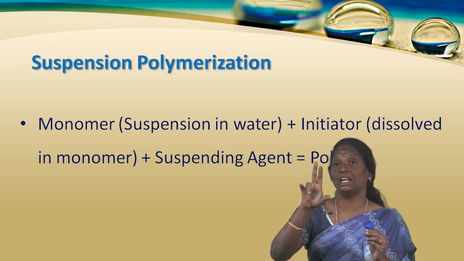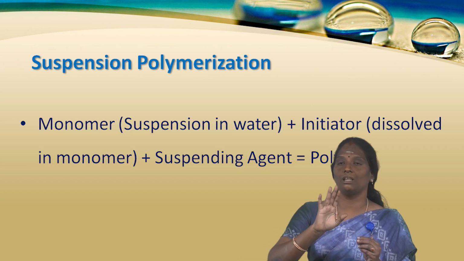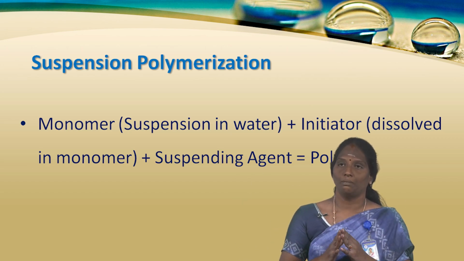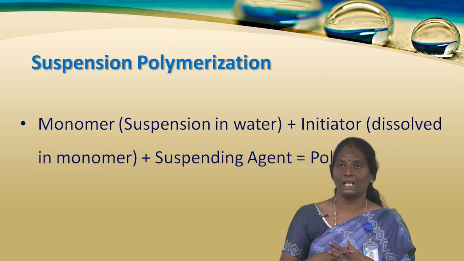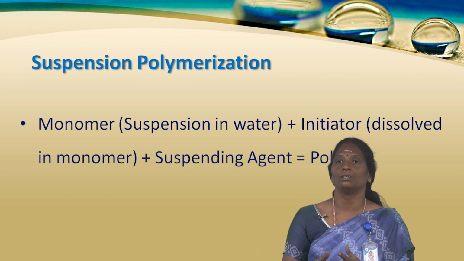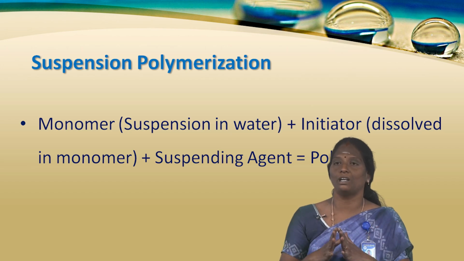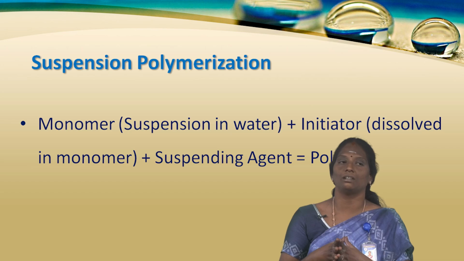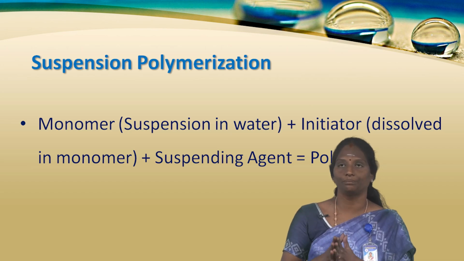After about 8 hours, a very long process, pearl-like polymers are obtained, which are filtered and washed with water. So, we get a pure polymer. An example for this method is polystyrene, prepared from styrene.